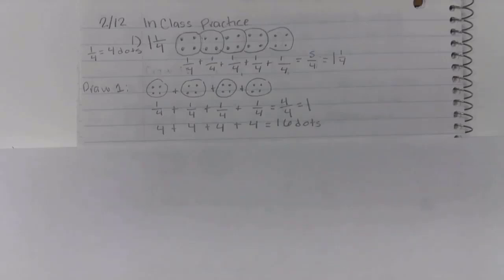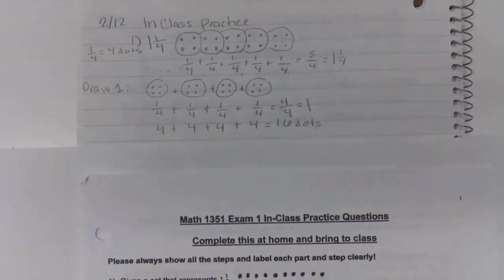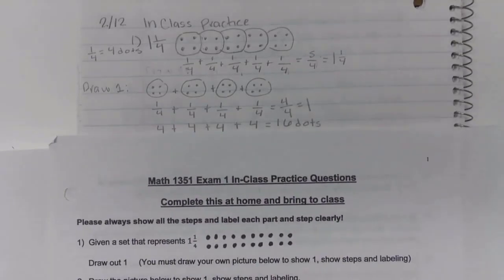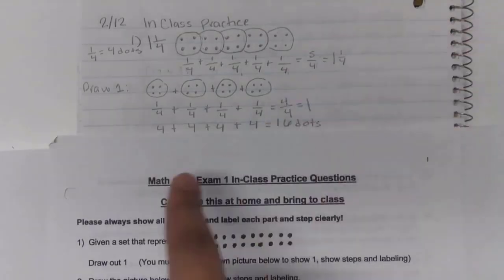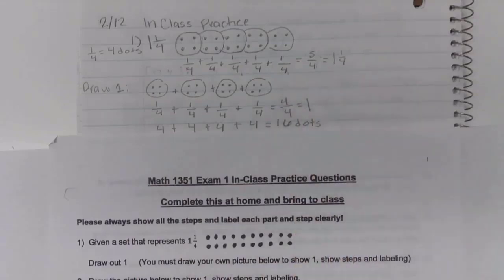So, in question one, it says given a set that represents 1/4, which is drawn out here, draw out one. So what I did was first I found out what the dots would be to equal 1 1/4.